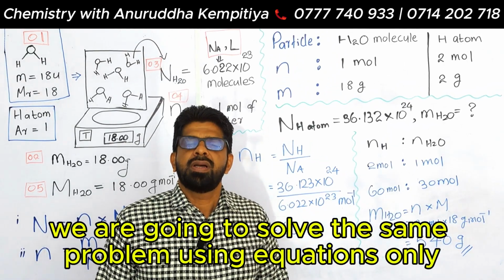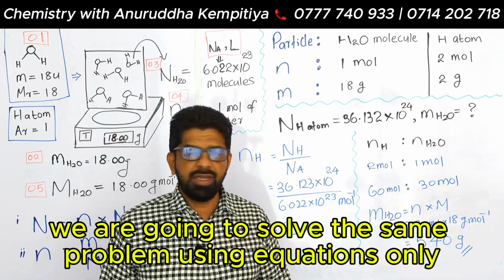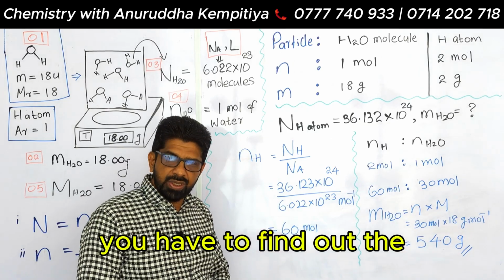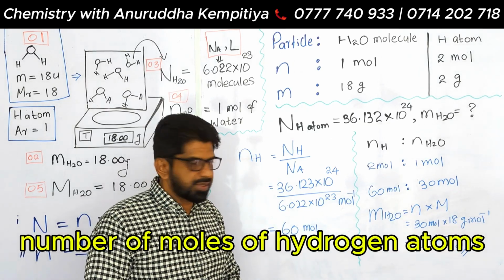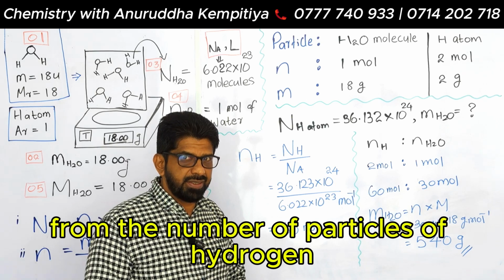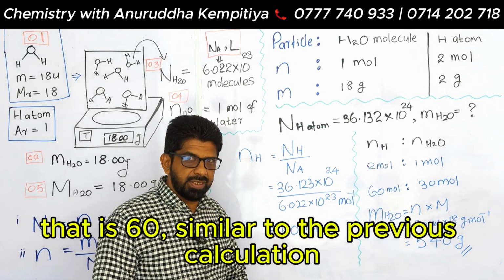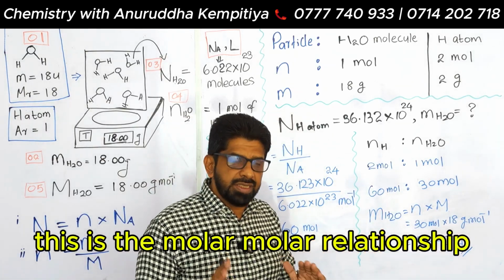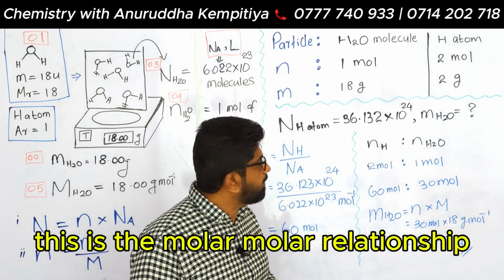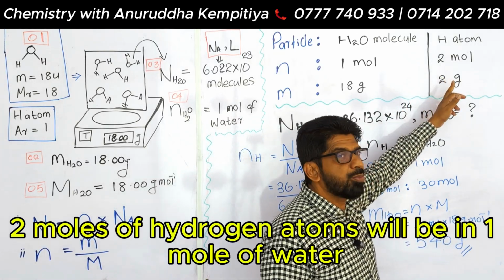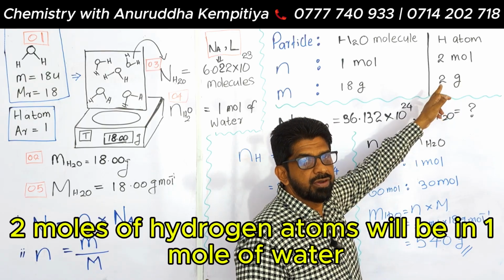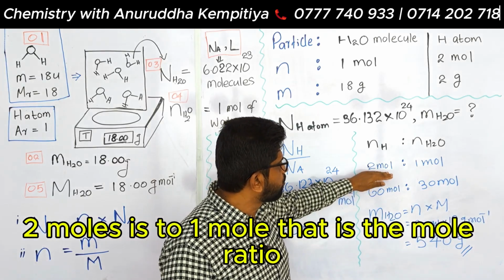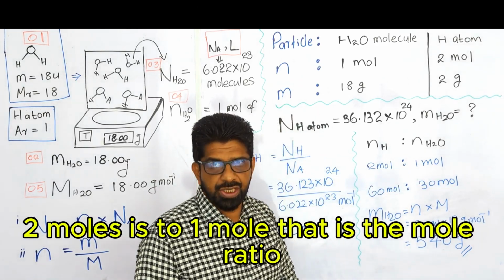We are going to solve the same problem using equations only, right? Similarly, you have to find the number of moles of hydrogen atoms from the number of particles of hydrogen, that is 60, similar to the previous calculation. Then this is the mole-mole relationship. 2 moles of hydrogen atoms will be in 1 mole of water. So 2 moles is to 1 mole, that is the mole ratio.